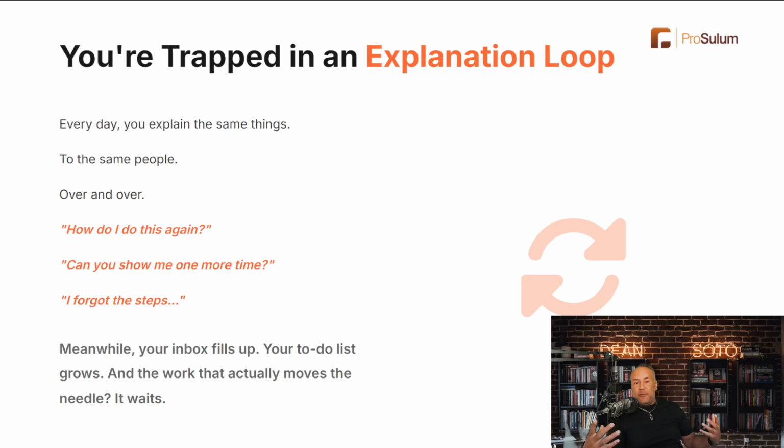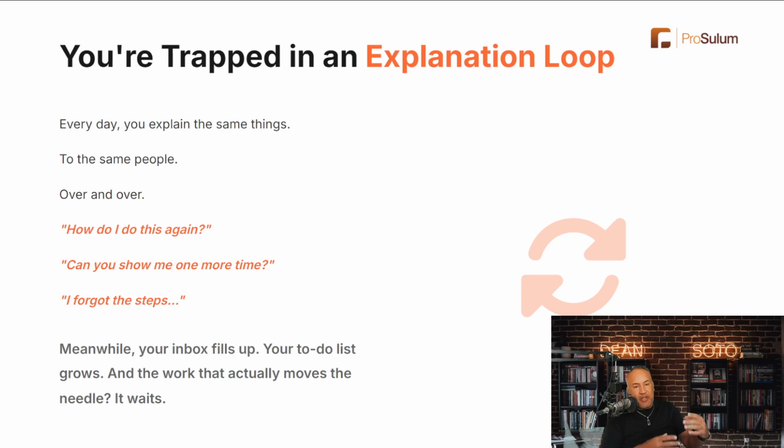Let's face it, you're likely trapped in an explanation loop. If you have a staff, whether they know what they're doing and they leave and somebody else takes their place and you need to explain it again, or there might be a little change in how something works, you get question after question. How do I do this again?